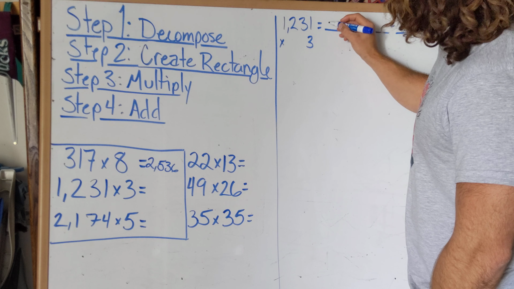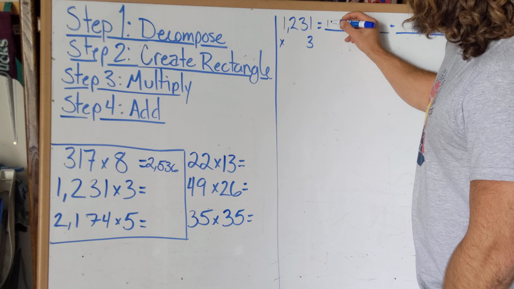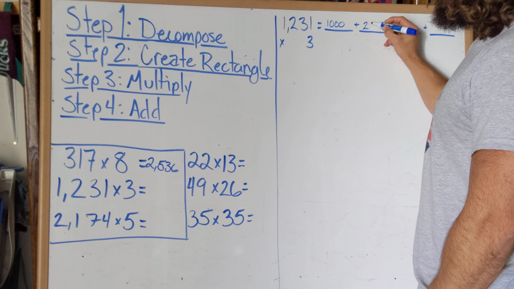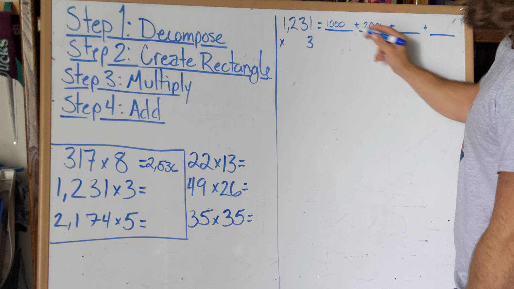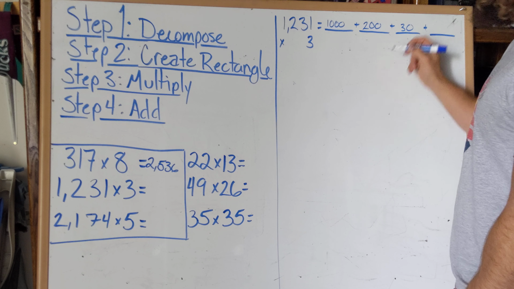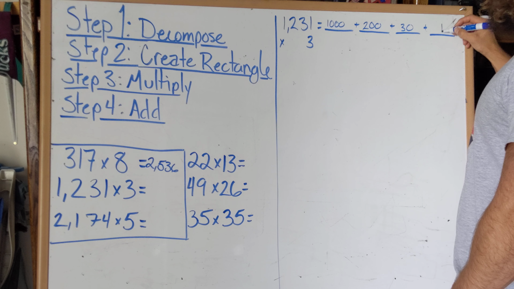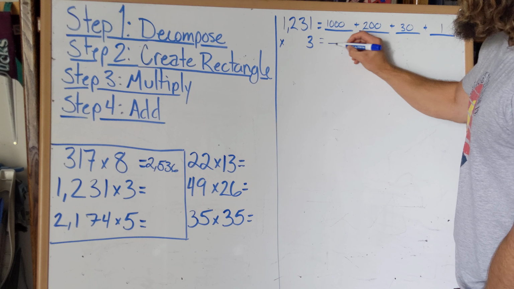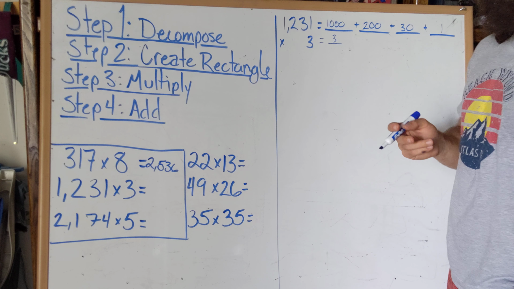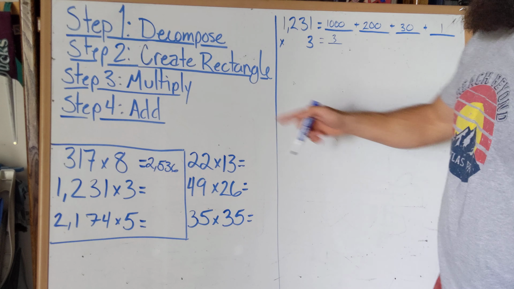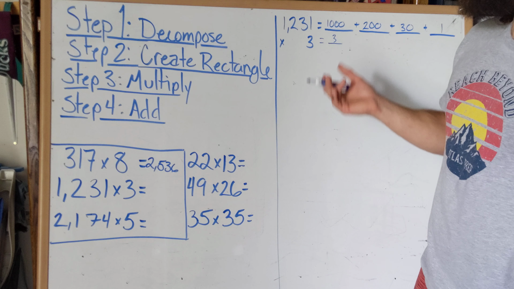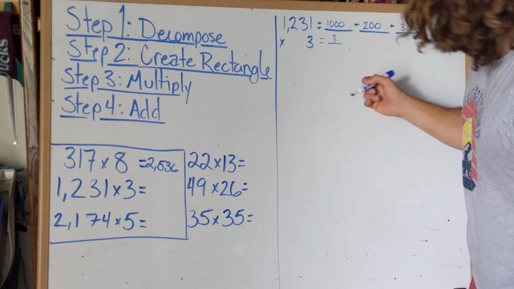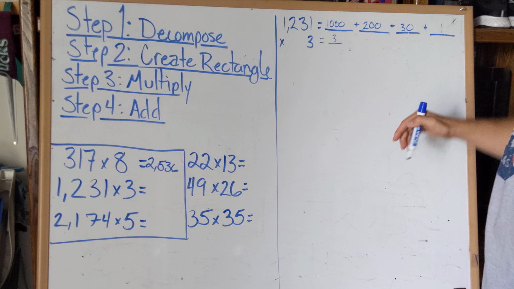I have 1,000. I have 2 hundreds. I have 3 tens. I definitely didn't do that on purpose. And then I have 1 one. Now 3 is just going to equal 3. From there, I'm going to create my rectangle. I'm going to divide that rectangle up into however many numbers I have here. So again, this is a long rectangle.